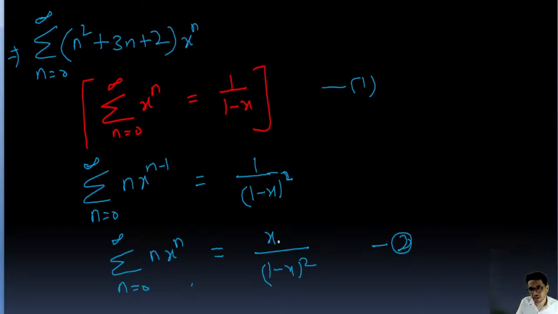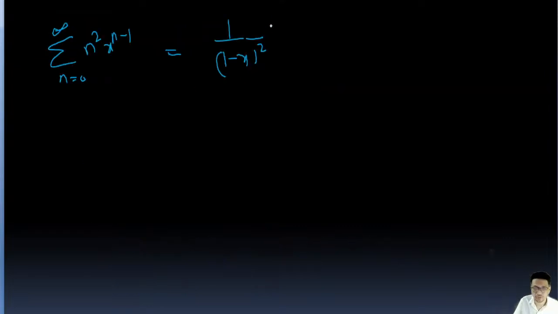That is 1 upon 1 minus x whole square, right? This is the first function, this is the second function. So it is second function times differentiation of first, and then first function times differentiation of second. This is 1, and then this is going to be plus first function, and differentiation of second is going to be minus 2 into 1 minus x to the power minus 3.